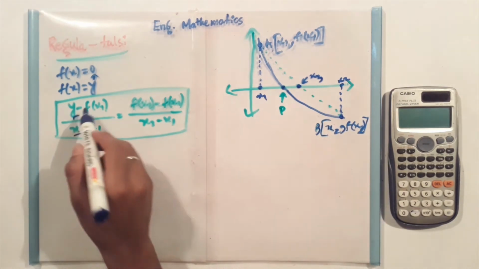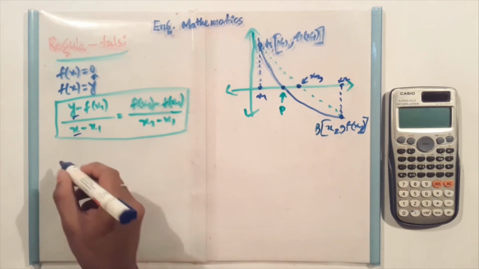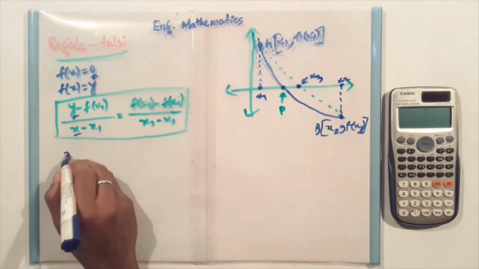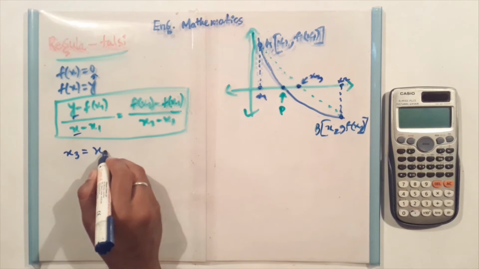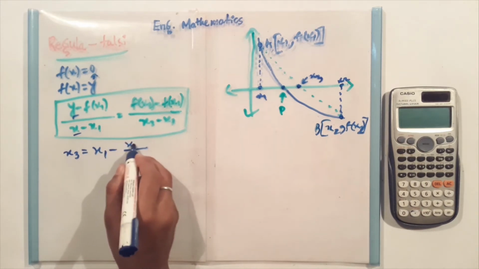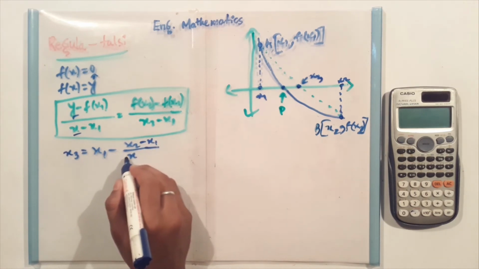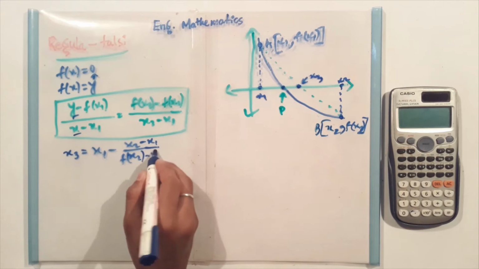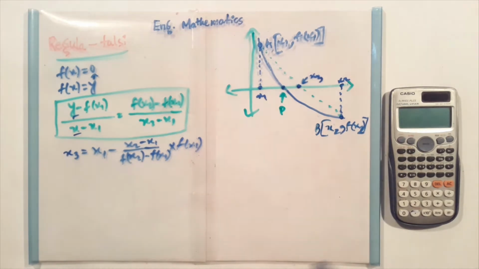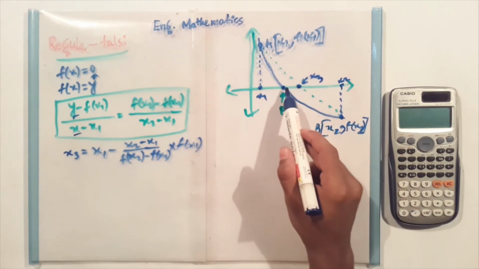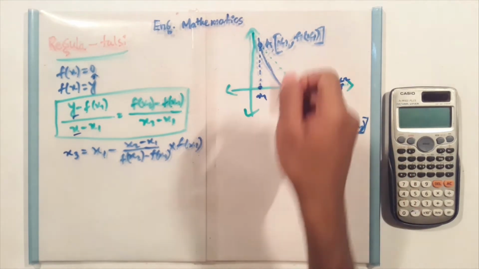After rearranging, we get an equation: x3 is equal to x1 minus (x2 minus x1) over (f(x2) minus f(x1)) multiplied by f(x1). We can see this point is approximate to our root.